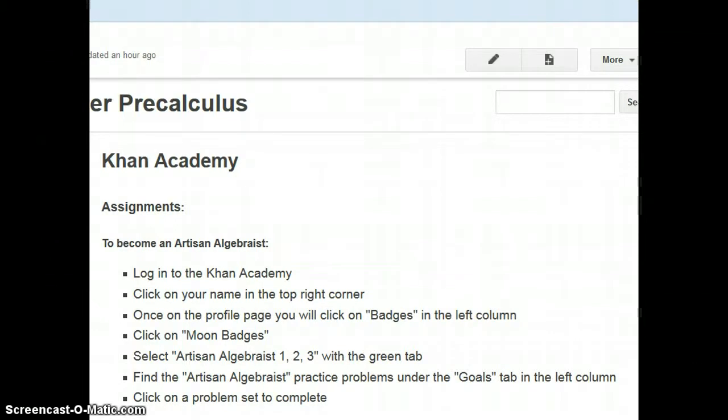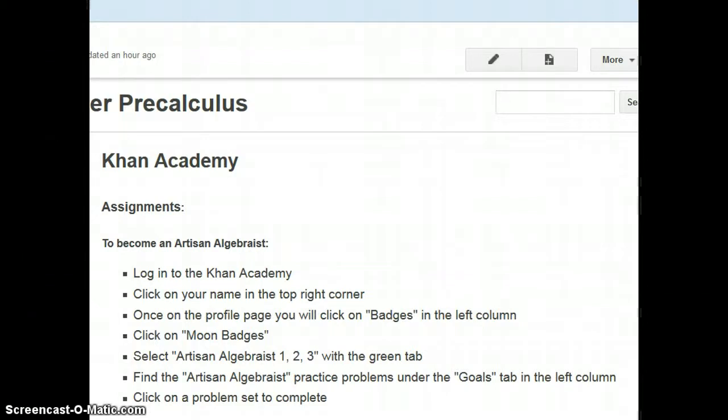Once you've logged in, click on your name in the top right hand corner, go to the profile page, and click on badges in the left column. Then click on Moon Badges, and select the Artists and Algebraists 1, 2, 3 with the green tab. Once you've done that, you can find the problems under the Goal tab in the left column.